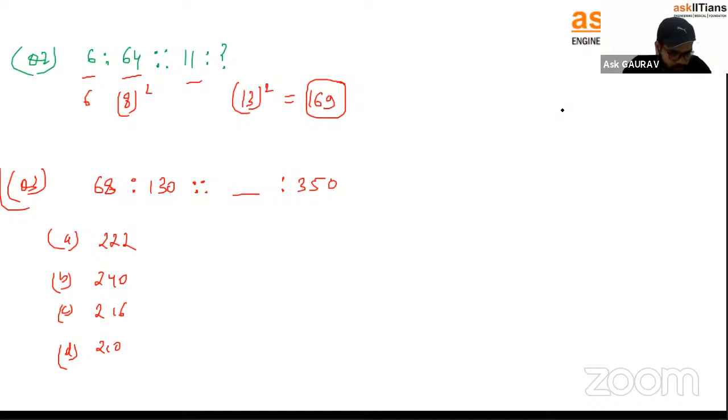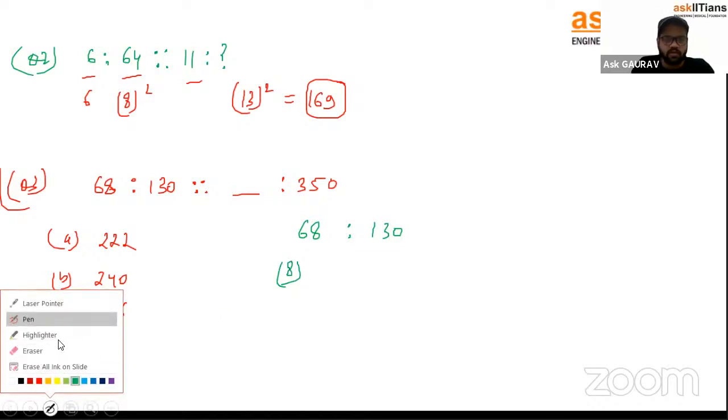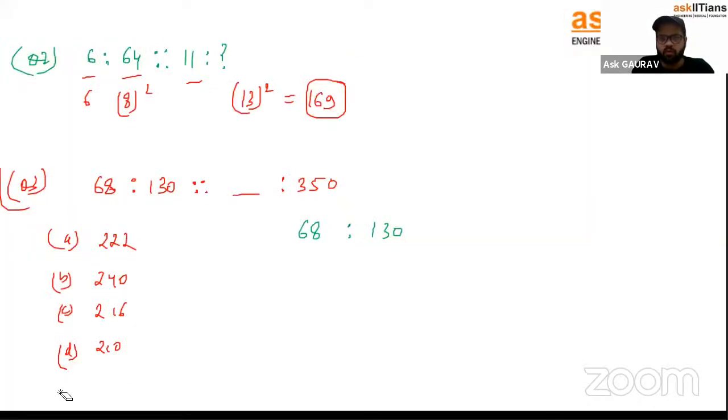Yes, right answer. See, how will you reach 68 and 130? 68 you can write as, sorry, not 8 square, just go by 4 cube plus 4. 130 is 5 cube plus 5.